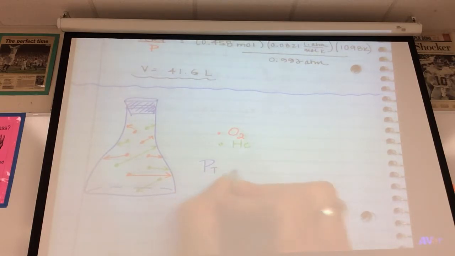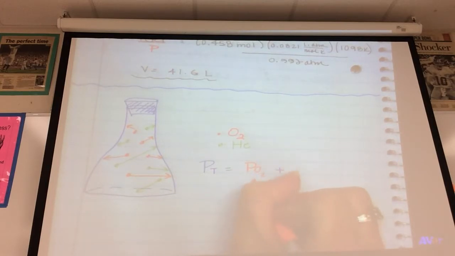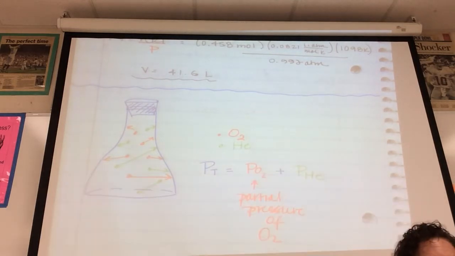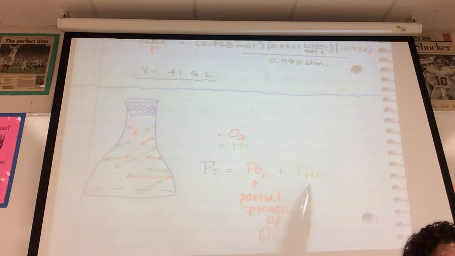So the total pressure is equal to the sum of the partial pressure of oxygen plus the partial pressure of helium. The more moles of gas you have, the greater the pressure exerted on the walls of the container. So this would be the partial pressure of helium gas.